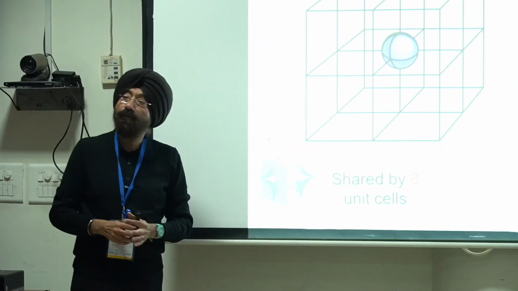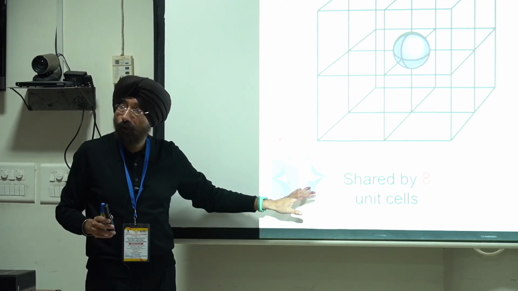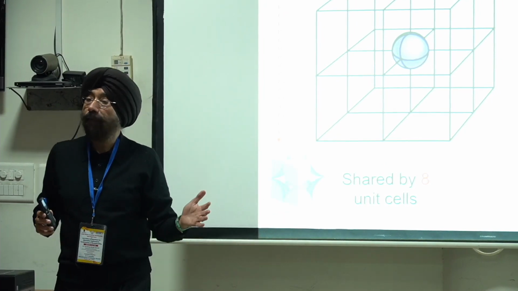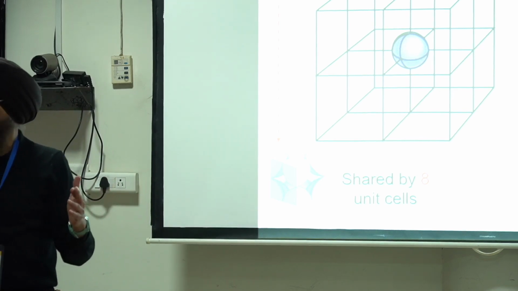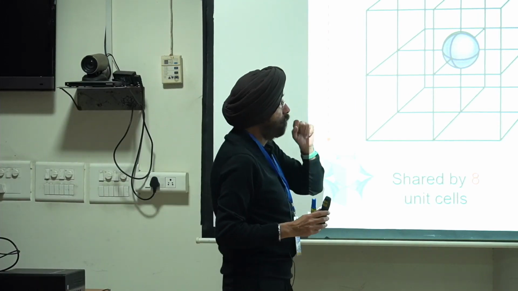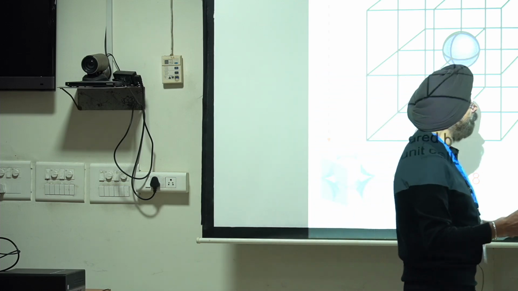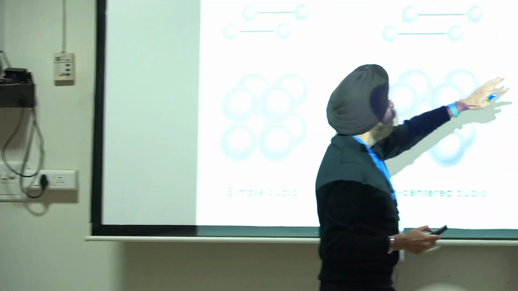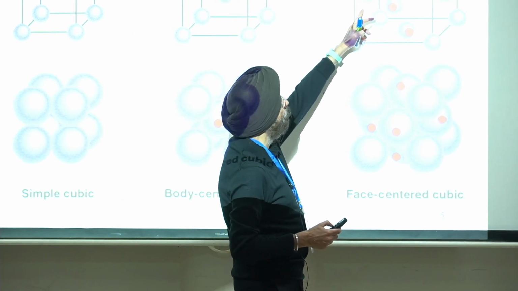But that is the case when you have the simple cube. It is not the situation for all the other cubes like the body-centered or the face-centered cubic structure, but this is only for the simple cube. Realize that there is one atom in the center of the cube.